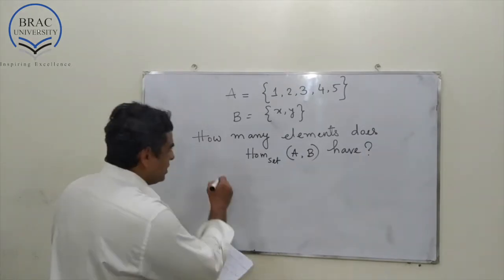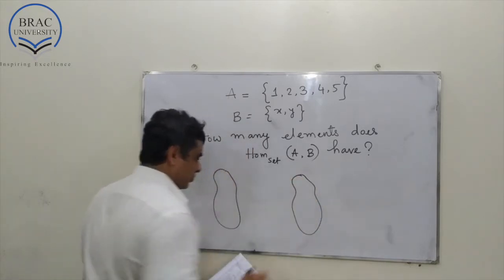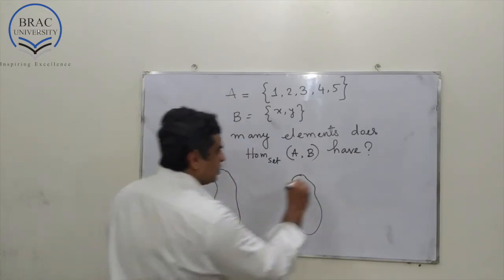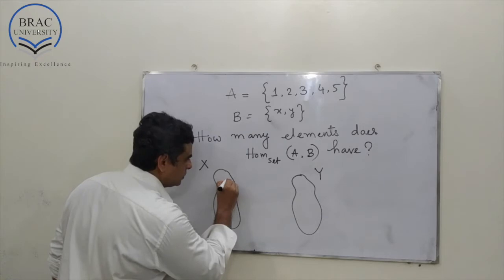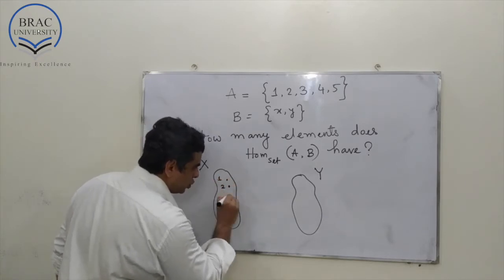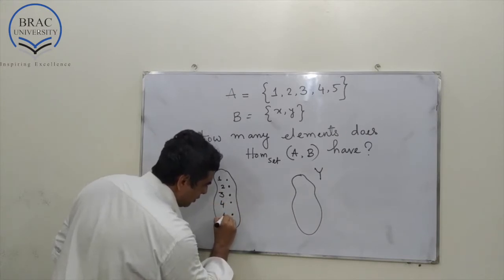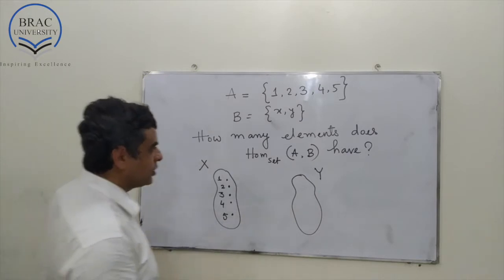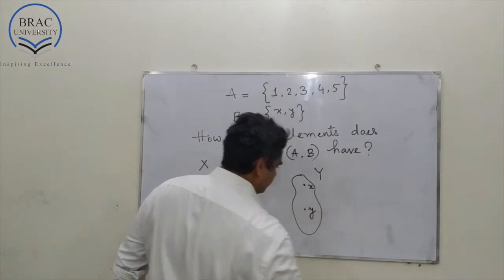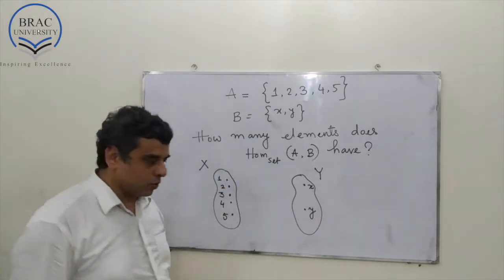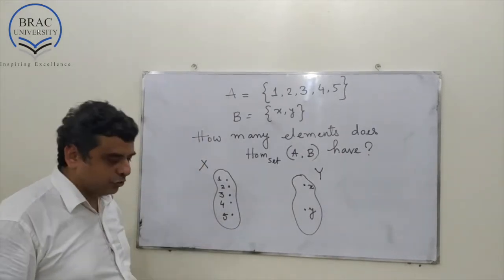Let me draw a diagram of the two sets. There are 5 elements in the set A, denoted by 1, 2, 3, 4, 5, and there are 2 elements in the set B. So we can have different functions between these two sets.